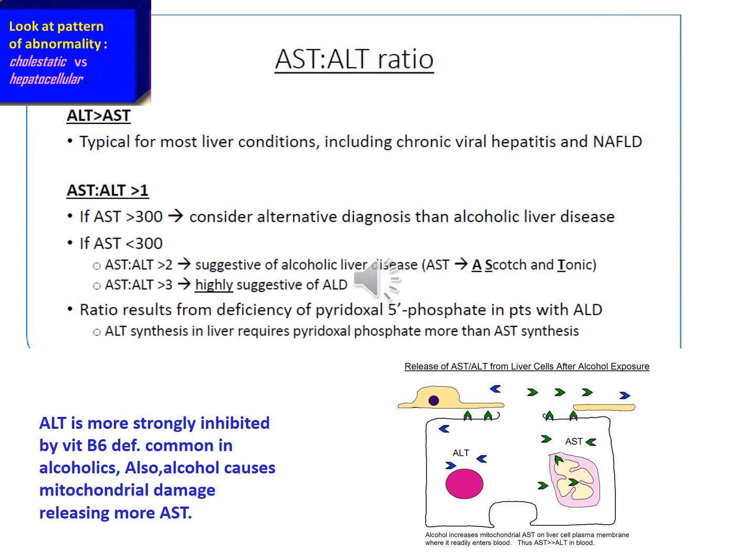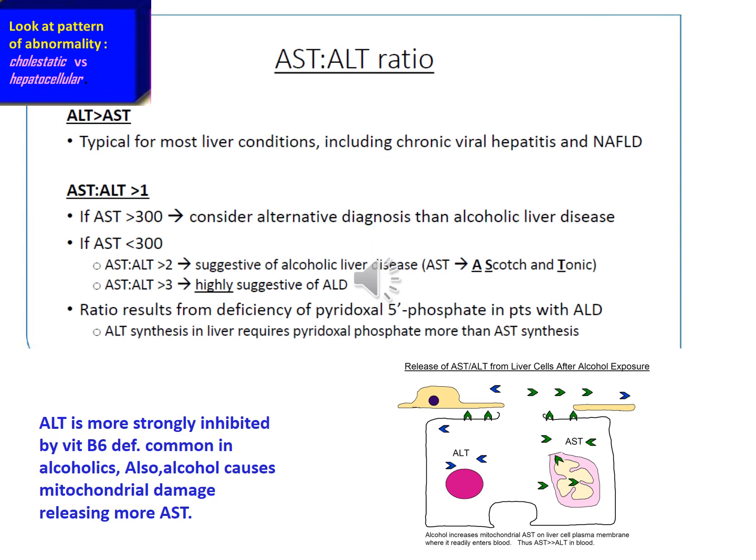But if the rise in AST exceeds the rise in ALT, this is usually suggestive of alcoholic liver disease, because ALT is more strongly inhibited by vitamin B6 deficiency, common in alcoholics. Also, alcohol causes mitochondrial damage, releasing more AST, because as we mentioned before, AST is both cytosolic and intramitochondrial, while ALT is cytosolic only.